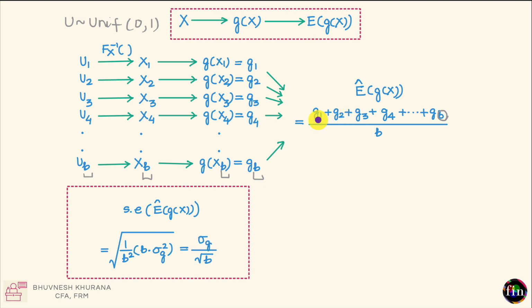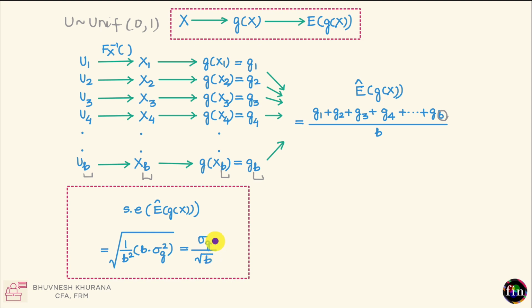Because our g's are IID, there is no covariance term for us to worry about when we write down the variance of the sum of all these g's. This standard error simplifies to sigma of g divided by the square root of b.